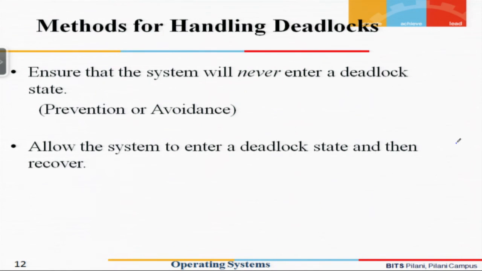Then another process, P3, comes and makes a request for a resource R1 which is held by P1 and P2. Any new process which comes into the system and makes a request for the resources held by deadlocked processes also joins the deadlock.